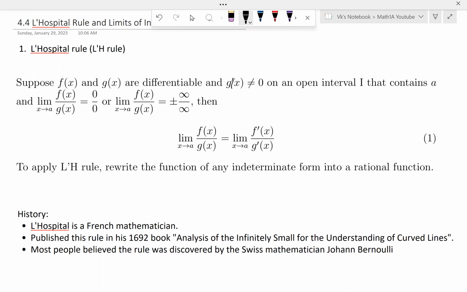However, most people believe that the rule was discovered by the Swiss mathematician Johann Bernoulli, because L'Hôpital usually exchanged ideas with Bernoulli, and Bernoulli is much more famous.